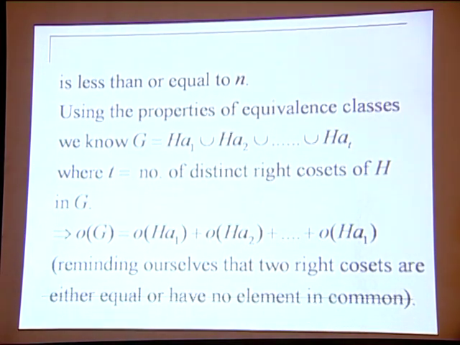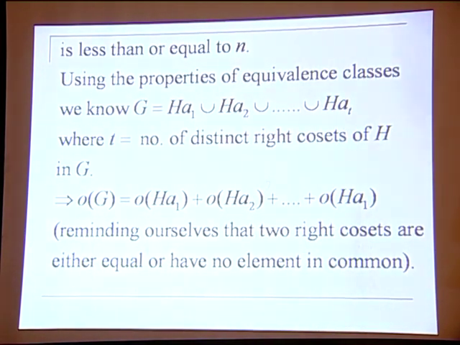Using the properties of equivalence classes, we know that G is equal to HA1 union HA2 up to union HAT, where T is the number of distinct right cosets of H in G. Remember that two right cosets are either equal or have no element in common.